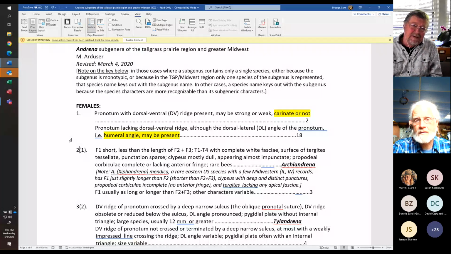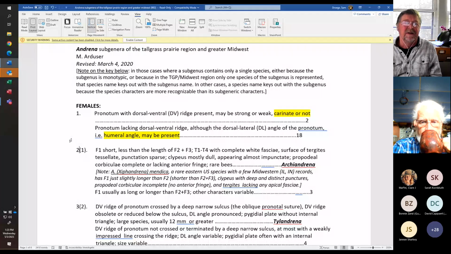So just because you don't see a carina doesn't mean the ridge isn't there. It's really a departure from the normal smooth plane. If it bulges out, yep, that counts. Many of them are just simply that. It's a bulge or a kind of an uprising in the pronotum, and some of those are easy to miss. It took me a long time to really get a handle on that. Like Banksi and Cressonii are good examples of subtle.